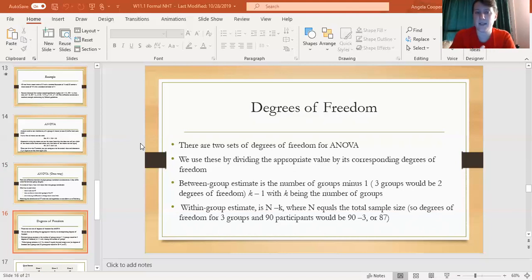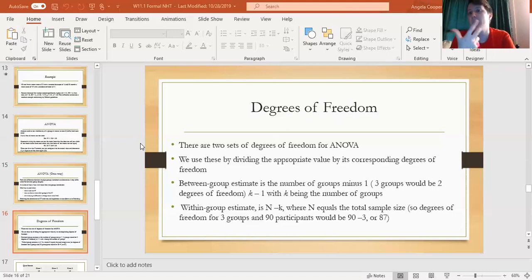For within groups, the within groups degrees of freedom for ANOVA is where we take the total sample size and subtract the number of groups. So let's say we still have that same problem of art majors, history majors, and psychology majors. We have K equals 3, but to do the within groups estimate, we also need the total number of people in our study.